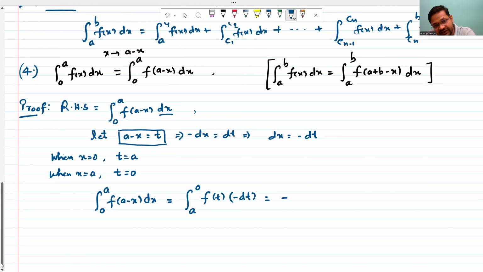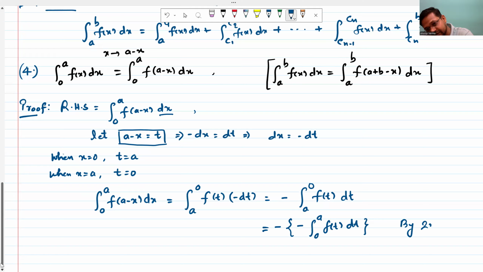So you get negative times the integral from a to 0 of f(t) dt. And one thing we know, when you are interchanging the limits, you get the negative of that integral. So negative times the integral from 0 to a of f(t) dt, by the second property.